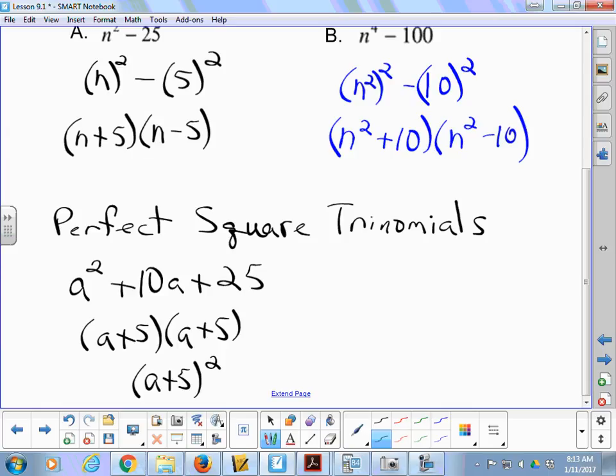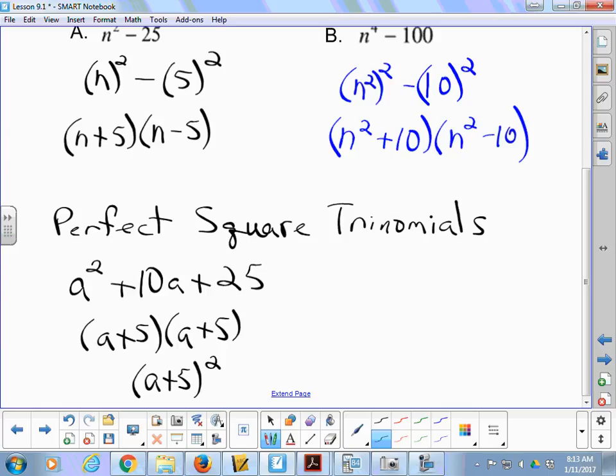Either they're going to be set up like this, where that's not a big deal, or there'll be a situation where a is a number greater than 1, and so then you just use the airplane method to factor it. So there's no special way of factoring. It's just that you can see specific things. We'll talk more about those when we get to chapter 9. But that's pretty easy, factoring those things.